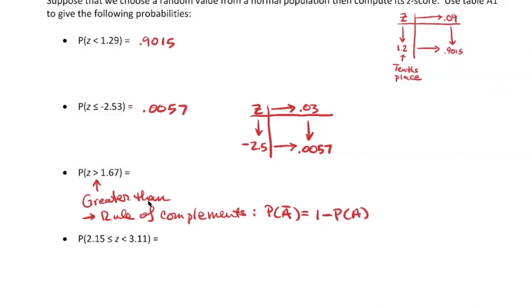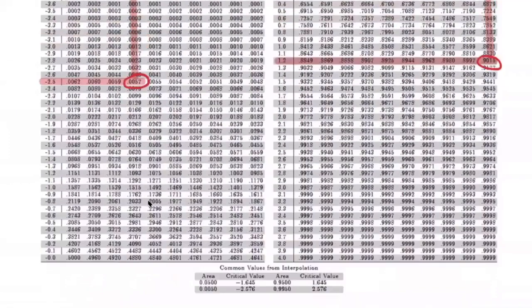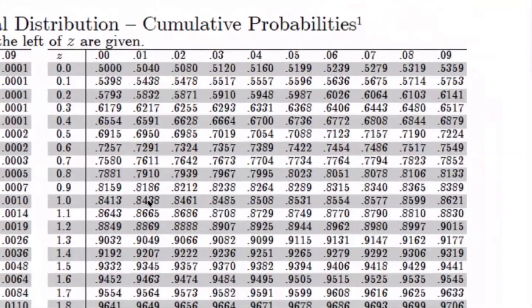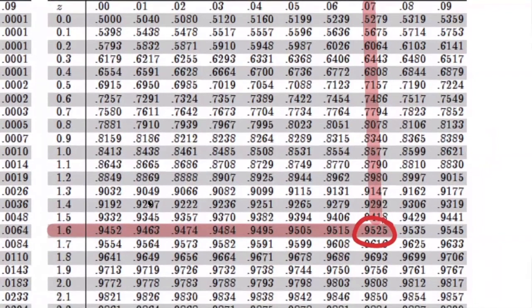So right off the bat, I know I'm going to do 1 minus on this one. Let's look up the 1.67. So 1.6 out to 0.07 here. I'm seeing a 0.9525 there.